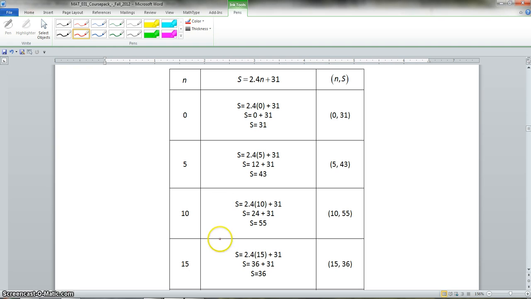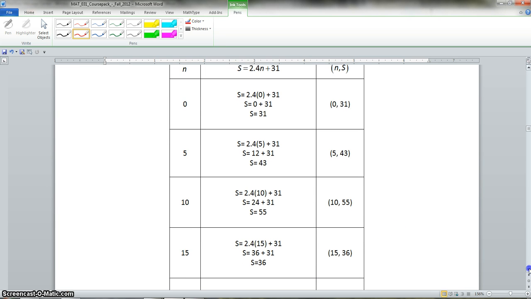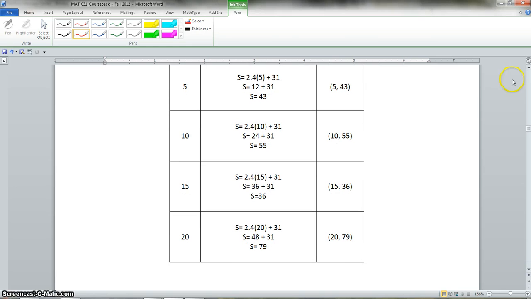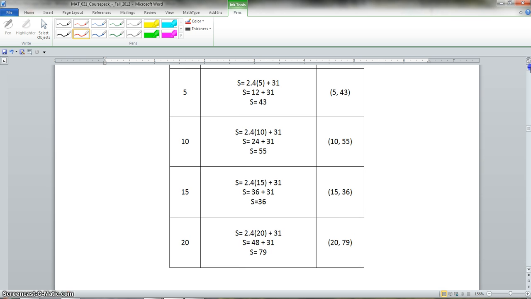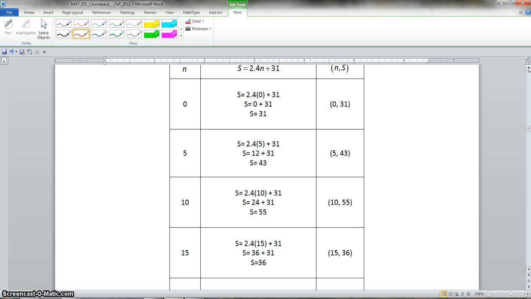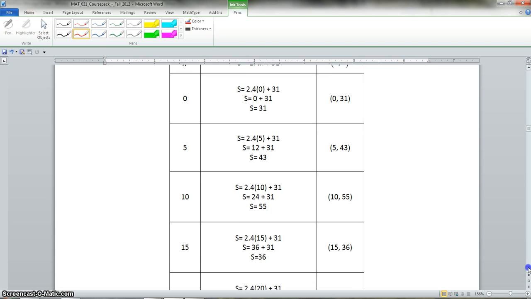We were given some values here, and we just substitute the values into the equation. And then we would get our ordered pairs. Now, what you would need to do, I'm going to scroll down, hold it for a second, and then scroll back up, and you need to copy this into your course pack. So if you need to pause it, pause it.